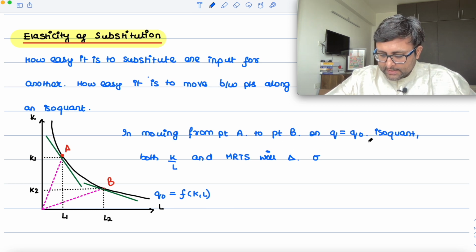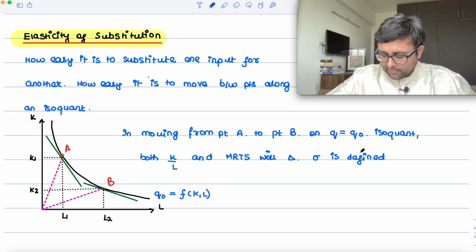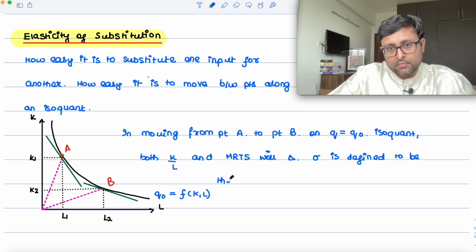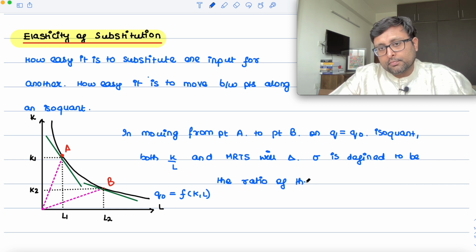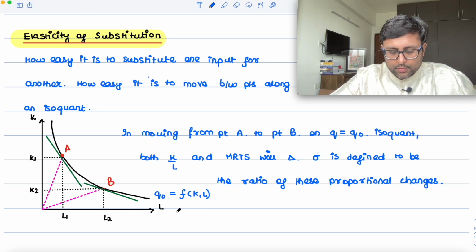So sigma is defined to be the ratio of these proportional changes, right?